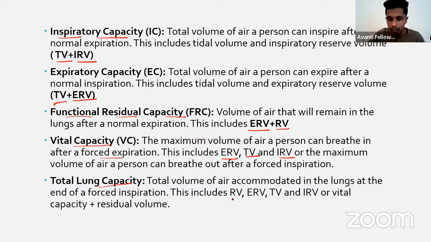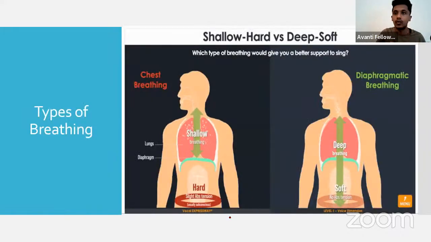We add residual volume, expiratory reserve volume, tidal volume, and inspiratory reserve volume. If you add all these, you will get total lung capacity, or you can just add vital capacity and then add residual volume. So vital capacity plus residual volume is also equal to total lung capacity. Okay, is it clear? So this is about respiratory volumes and they are very, very important.